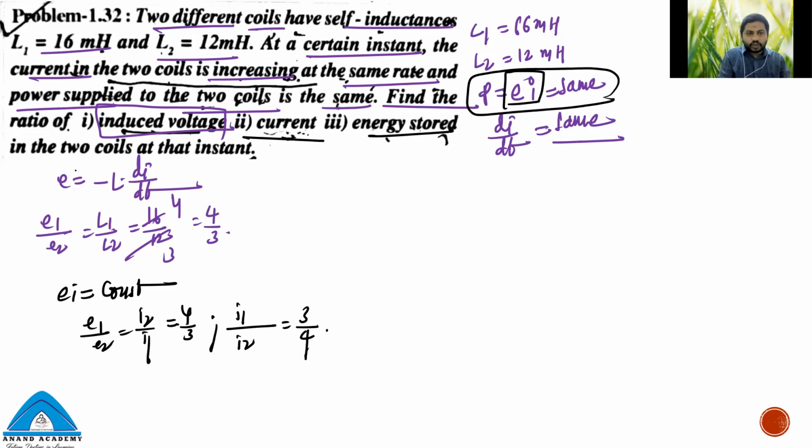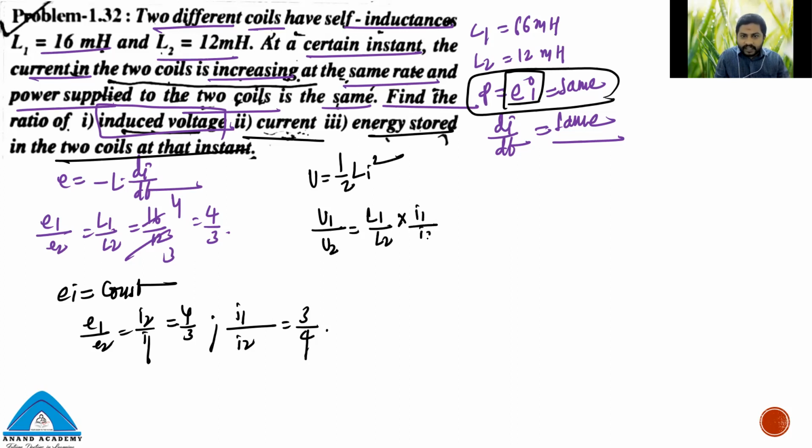Now, the energy stored in the two coils at that instant. The energy stored formula is half L i square. So U1 by U2 is equal to L1 by L2 into I1 by I2 whole square. Just substitution.